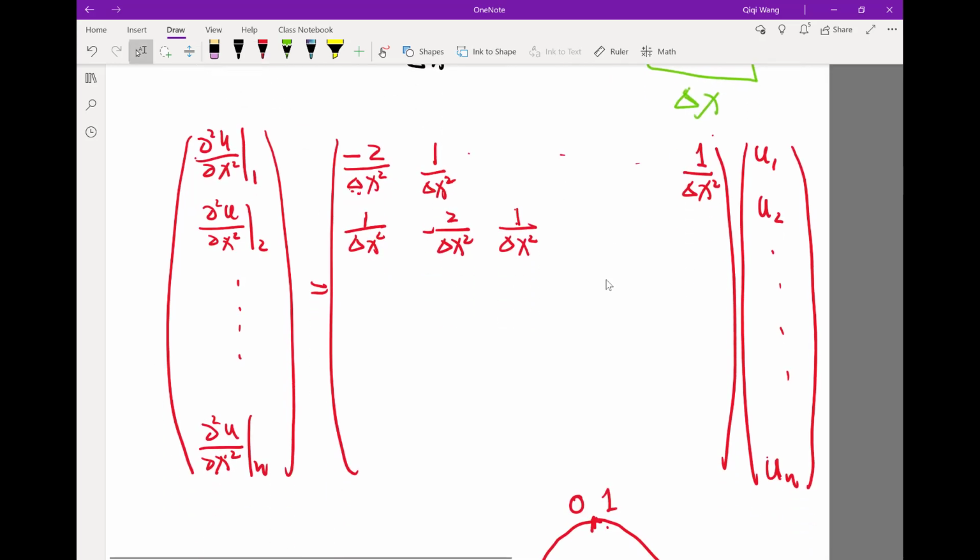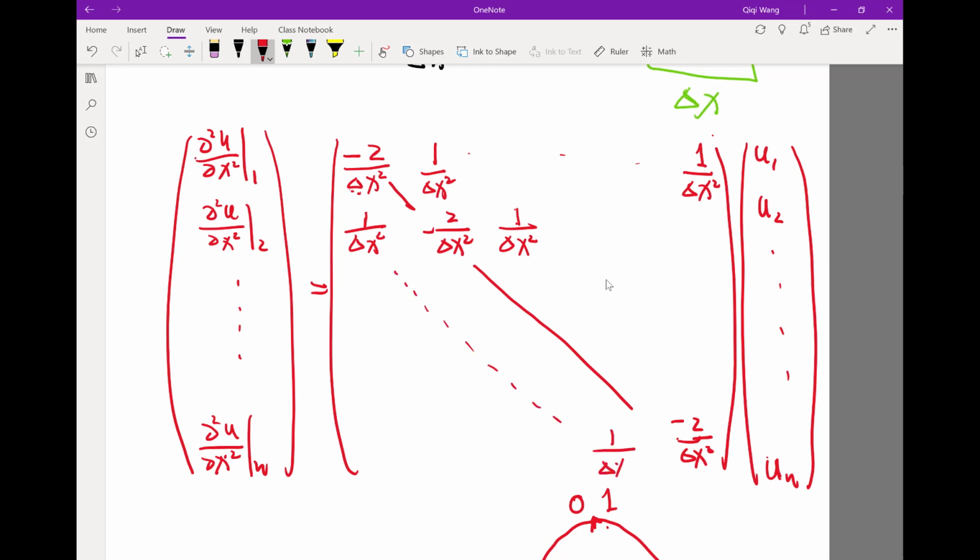So essentially, the diagonal of the matrix stays the same at -2 over delta x squared, the subdiagonal, the lower diagonal, stays at 1 over delta x squared, and the superdiagonal, or upper diagonal, stays at 1 over delta x squared as well. And because of the periodicity, we have just a lone term over here on the lower left corner and upper right corner. That's what our matrix looks like.